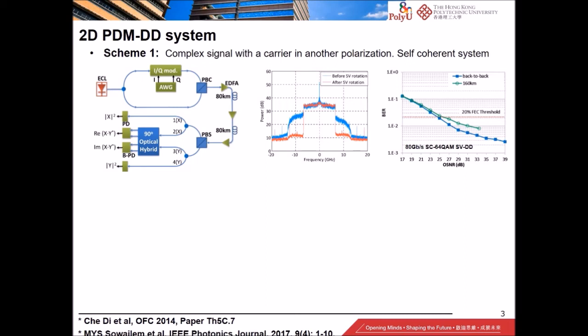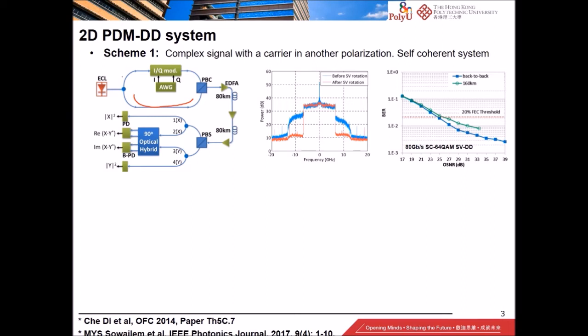The first scheme assumes that the signal in one of the polarizations is essentially unmodulated, so it can act as a carrier.